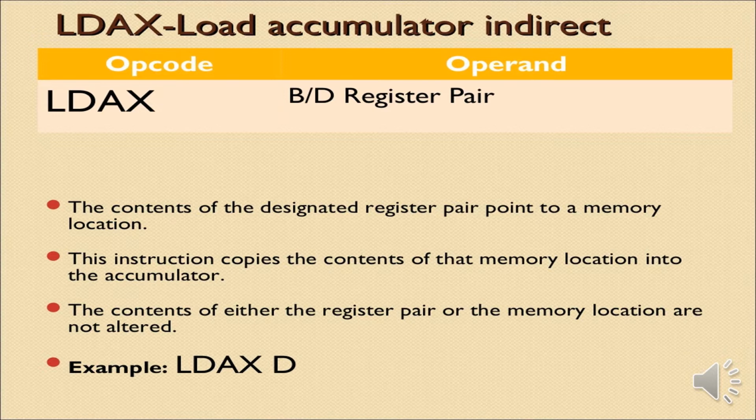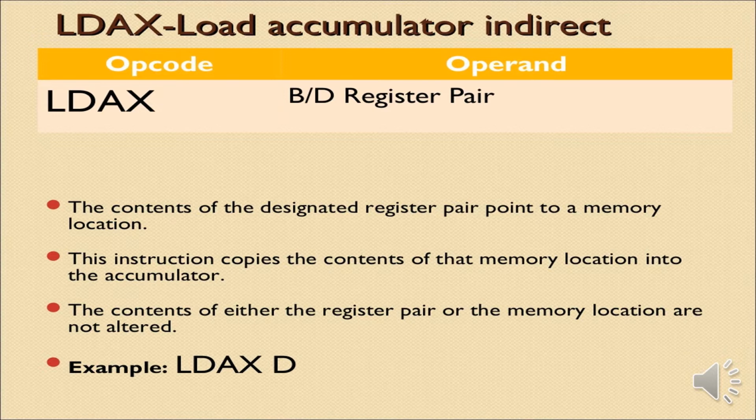The data at the memory location pointed to by the register pair is directly transferred into the accumulator. So this instruction copies the content of the memory location into the accumulator. Previously, the address was directly specified as the operand in the LDA instruction, load accumulator direct.